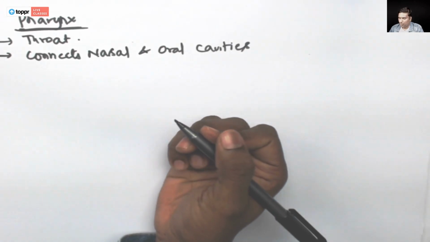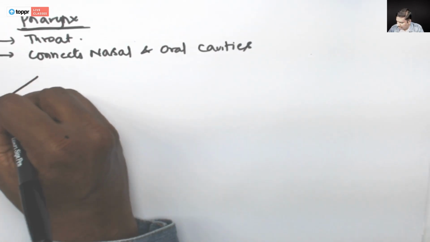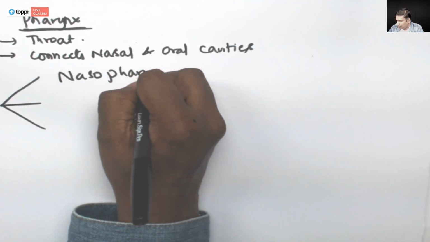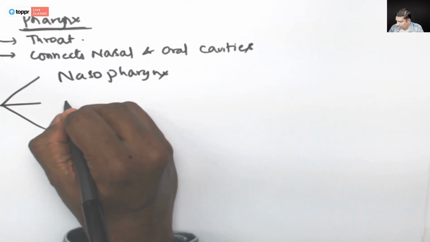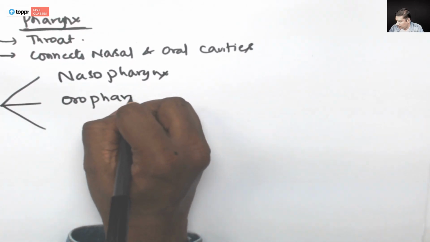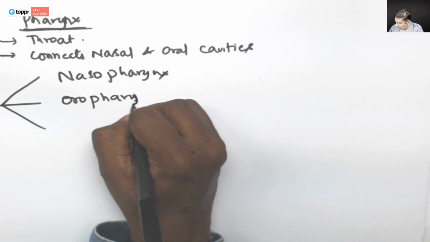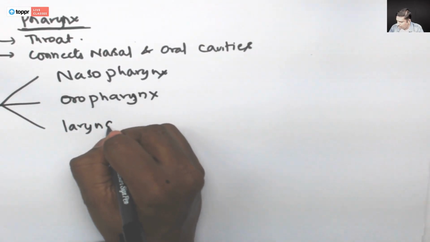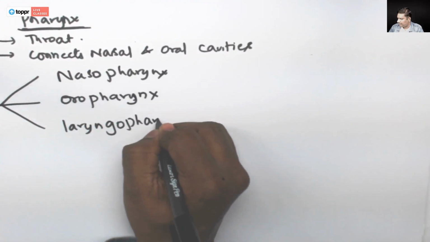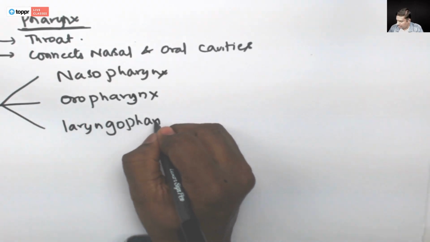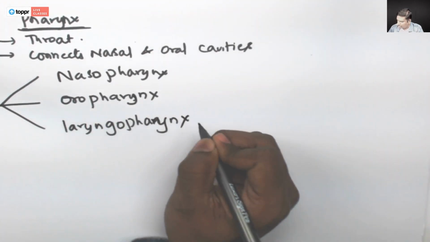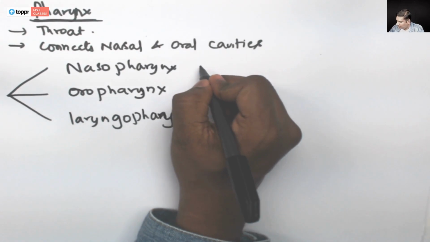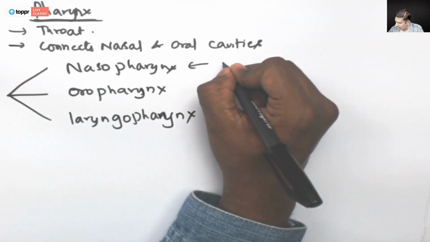Like I said, it has three components: the nasopharynx, oropharynx, and the laryngopharynx. Three components.